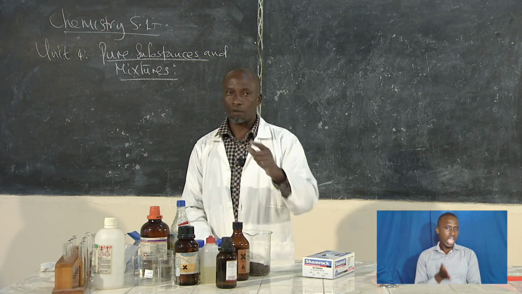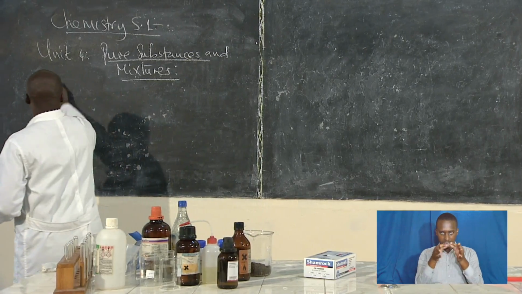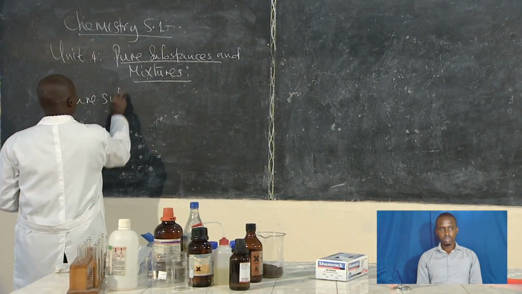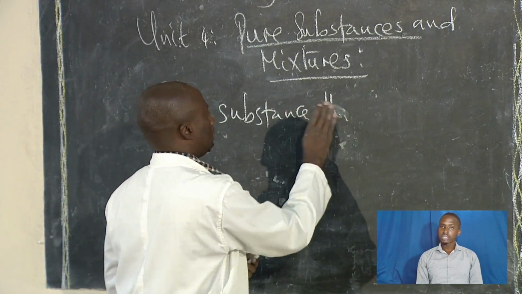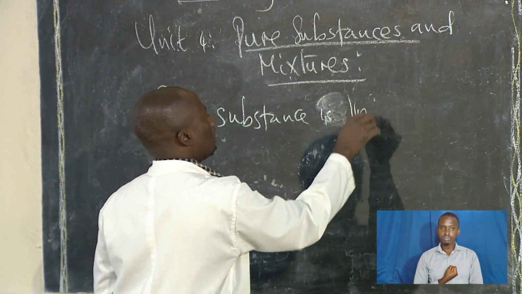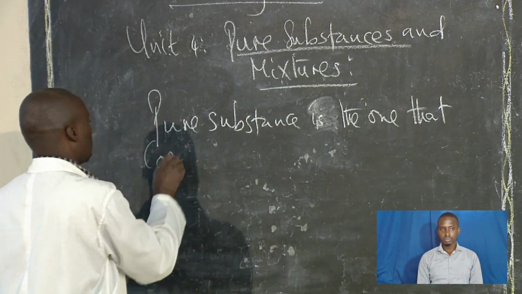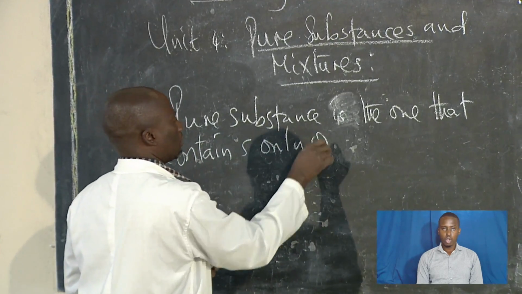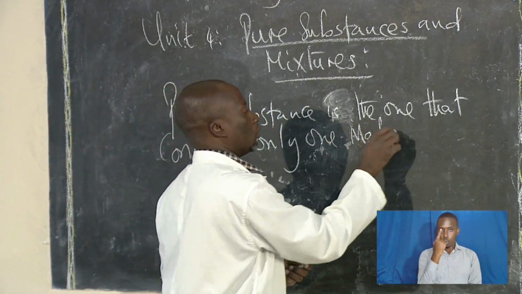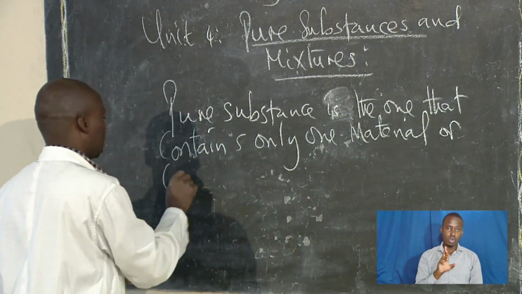A pure substance is the one that contains only one material or component.